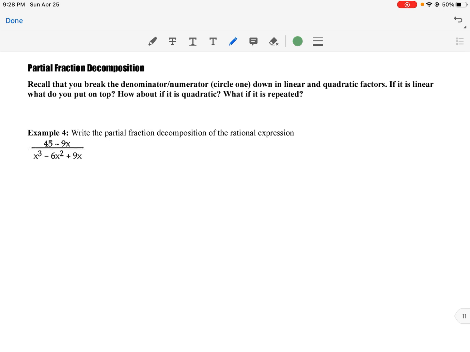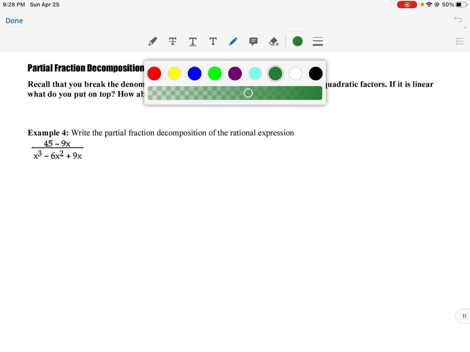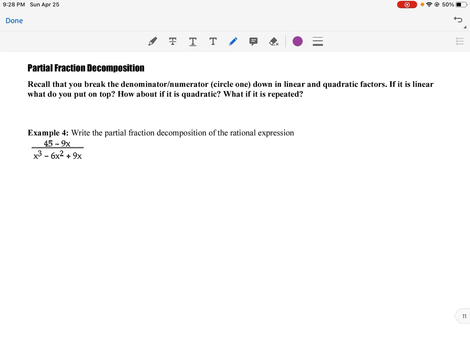Okay. Now let's go ahead and do some partial fraction decomposition. How fun, right? So recall that for partial fraction decomposition, you break up the denominator at the bottom and write it down as far as linear and quadratic factors.